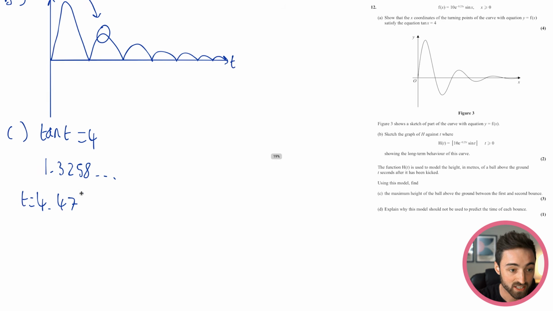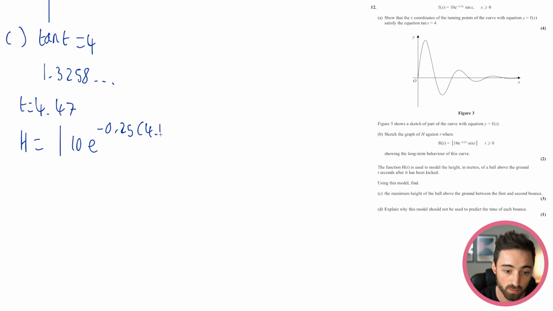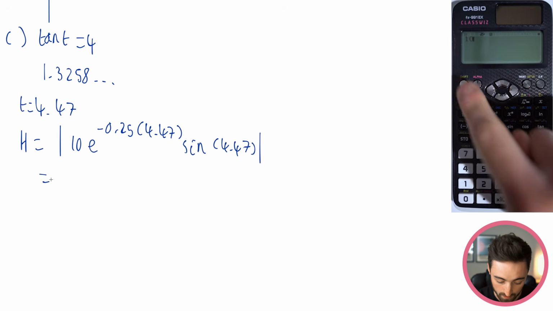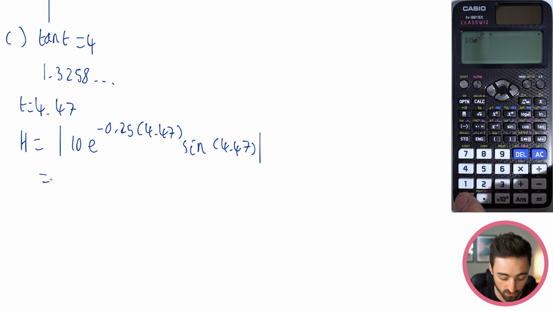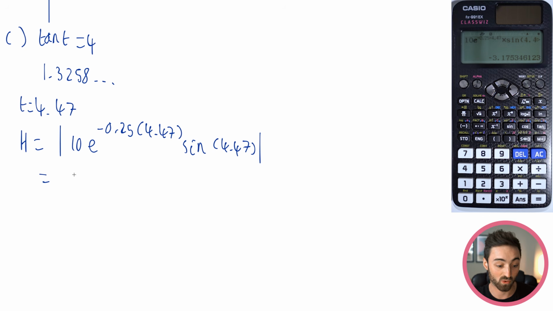So all we need to do is we now need to say h equals the modulus of 10e to the minus 0.25 times 4.47 times by sine 4.47, straight to the calculator here. 10 e to the minus 0.25 times 4.47 times by sine 4.47. So this gets me a negative number, which is minus 3.17. But remember, I put it in a modulus, so I just take the positive version of that.